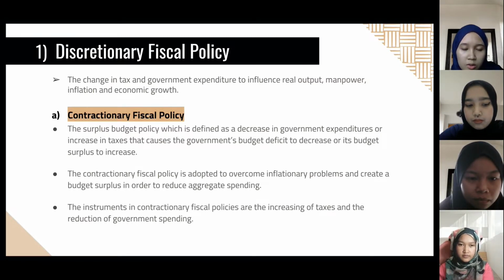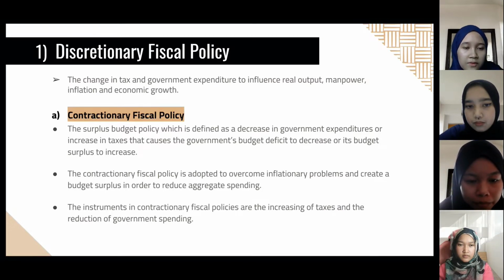Contractionary fiscal policy is also known as the surplus budget policy, which is defined as a decrease in government expenditures or increase in taxes that causes the government budget deficit to decrease or its budget surplus to increase. These measures slow down growth.